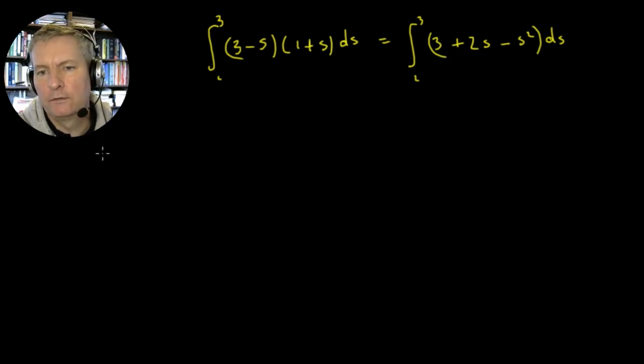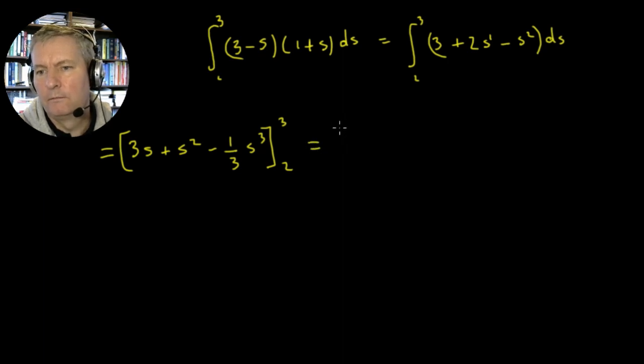So we're in a position now where we can go ahead and do the integration. So that's going to be equal to 3s. Now we're going to raise this a power of 1 and divide, so it's going to be 2 divided by 2, so it's just going to be 1, and it'll be the s squared, and this here will be 1 upon 3 the value of s cubed, and that's all going to be from 2 to 3. So now we just got to do the mental arithmetic.